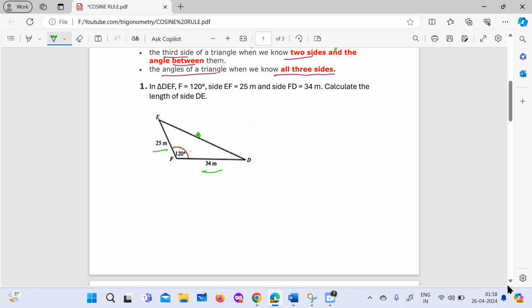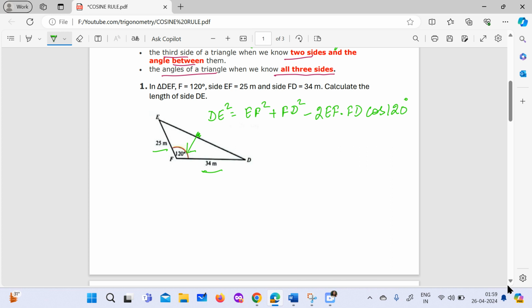So when I'm writing cos, then I will always refer to this angle, because now see how I will write the formula here. DE square equals EF square plus FD square minus 2 times EF times FD cos 120 degree, right?